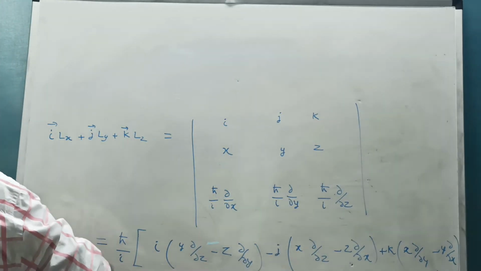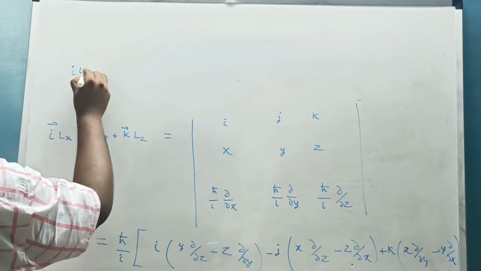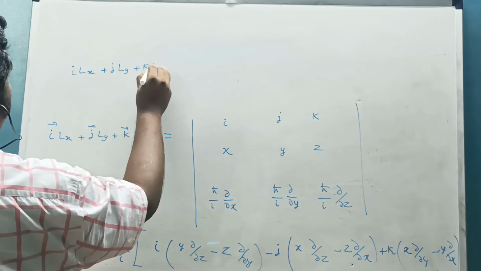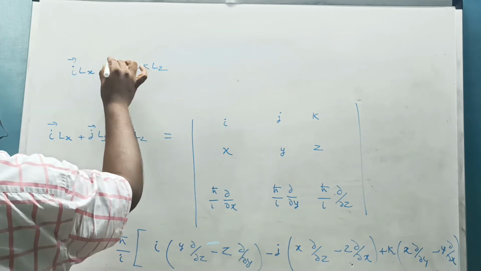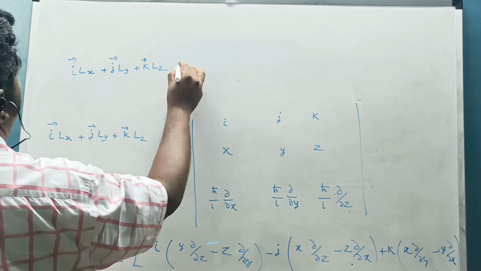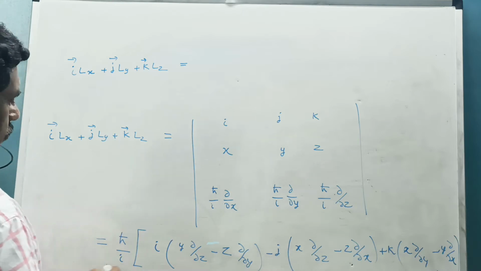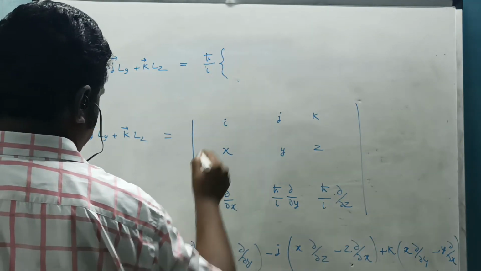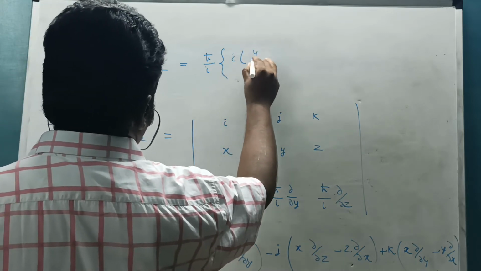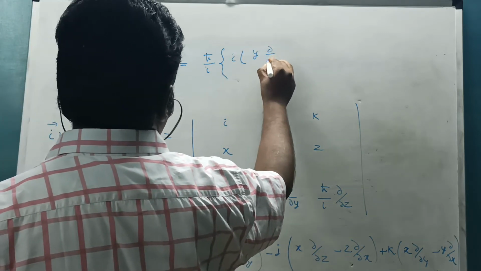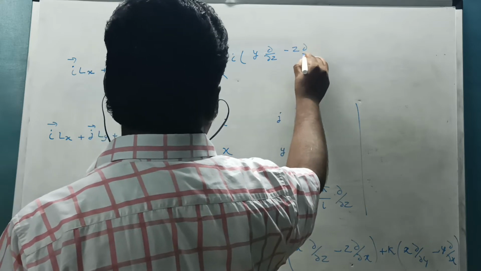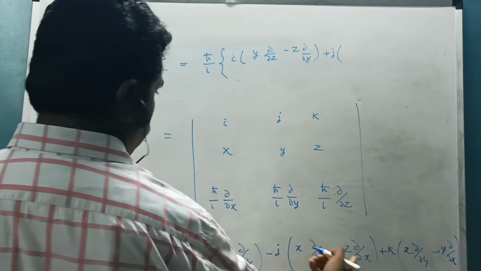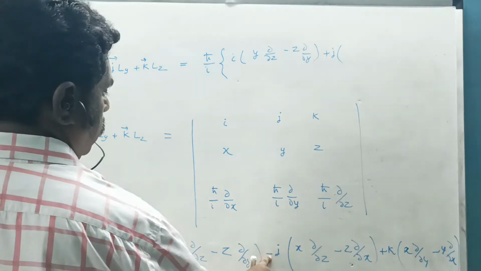Here i Lx plus j Ly plus k Lz, which is equal to ħ by i into y ∂/∂z minus z ∂/∂y, plus j into, rearrange this term. This minus j is changed as plus j.